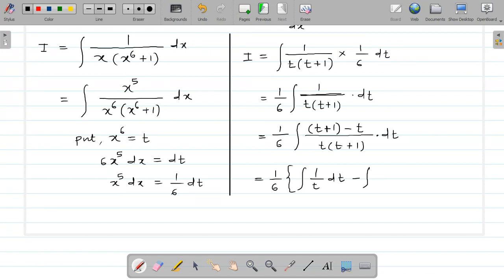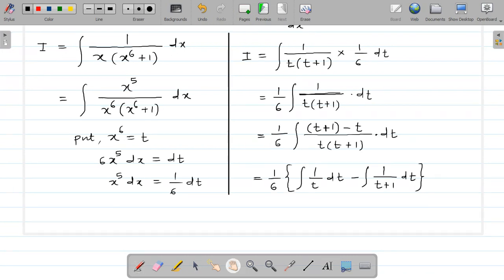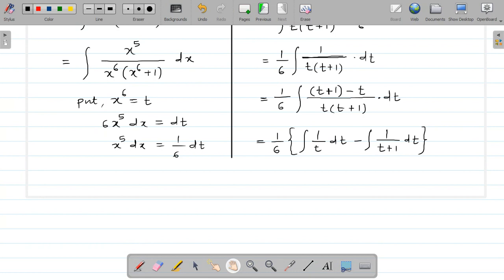Now t upon t into t plus 1 means it is 1 upon t plus 1. So the integrations are separated, and now it is very easy to integrate. So after this adjustment of the numerator, we get the simple integration here. So now you can evaluate this.